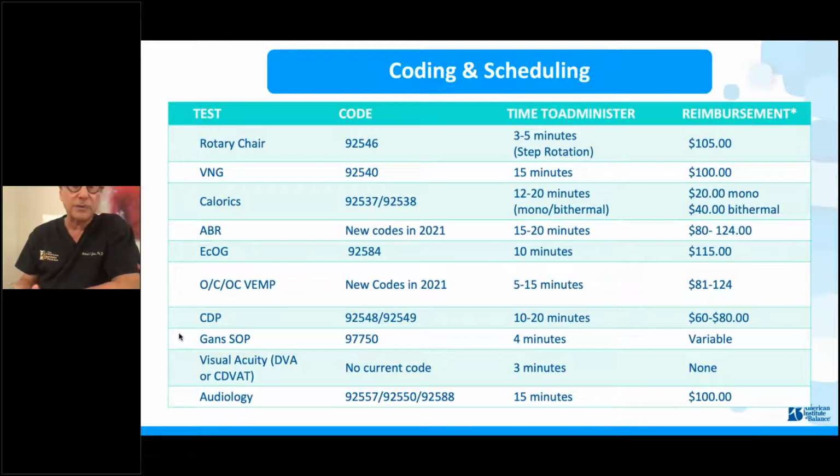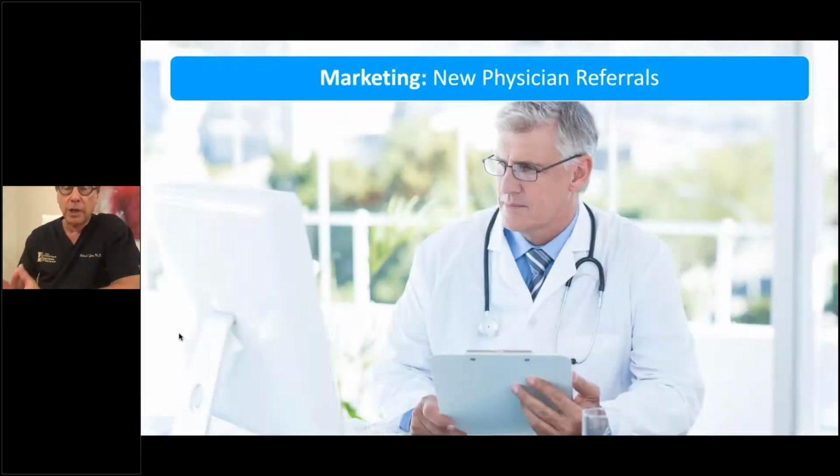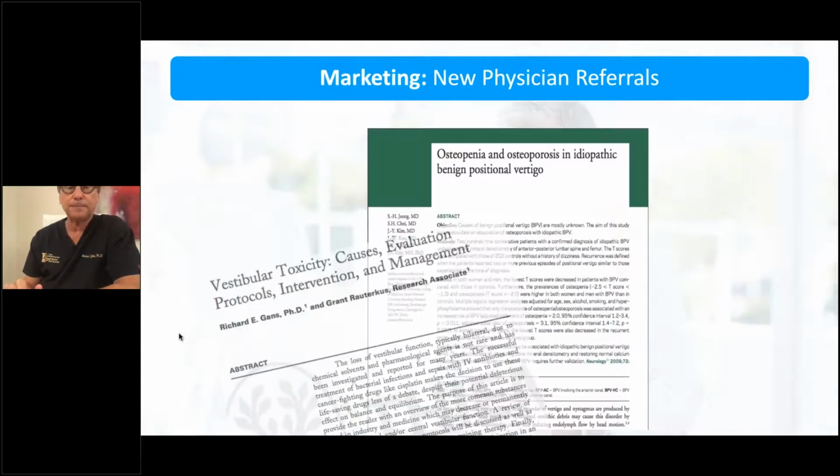The good news is that combined O and CVEMPs is going to reimburse $124. Electrocochleography is moving up from about $74 in 2020 to $115 in 2021. Now, the ABR has gone down a little bit, but still, when you look at our package, it's going to generate about an additional $65.